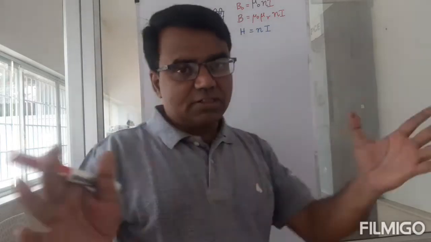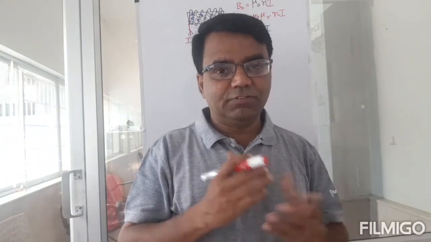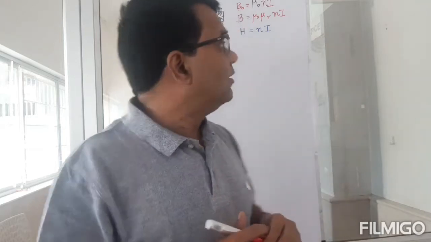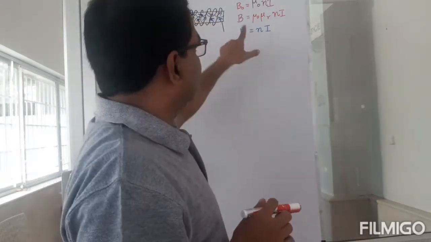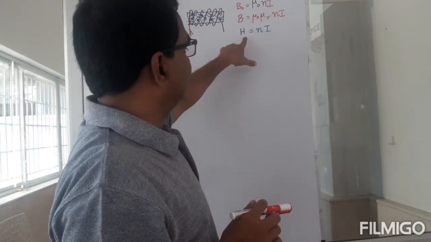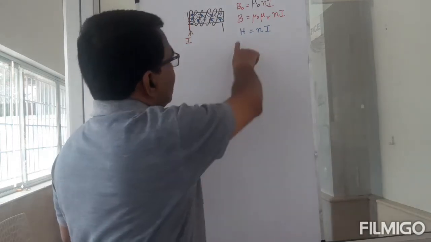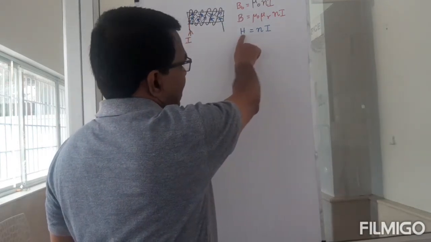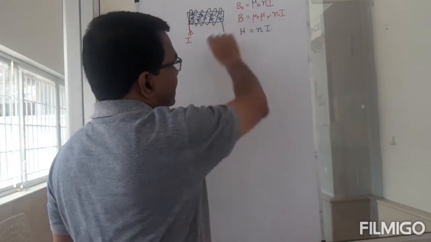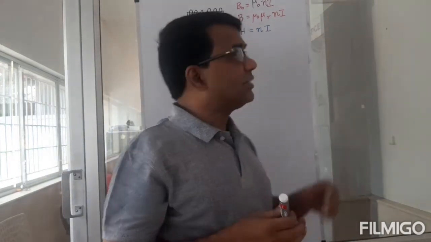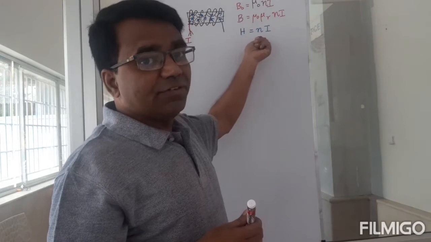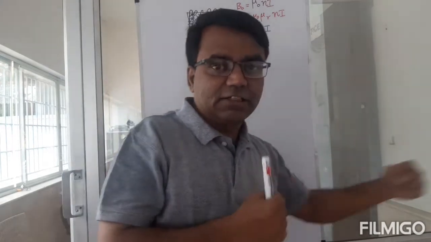Now I can plot a curve. I hope you are able to see that. I can plot a curve where H is on my x-axis and B will be on my y-axis, because H is the independent variable which is in my direct control.